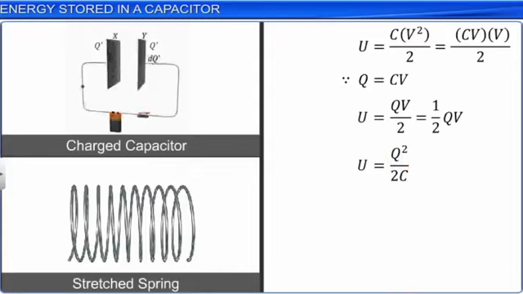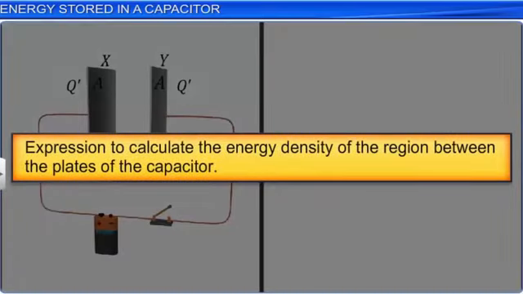The energy supplied to the capacitor in the charging process is released when the capacitor discharges. We can also say that the energy stored in the capacitor is localized in the electric field between the plates. Now let us derive an expression to calculate the energy density of the region between the plates of the capacitor.